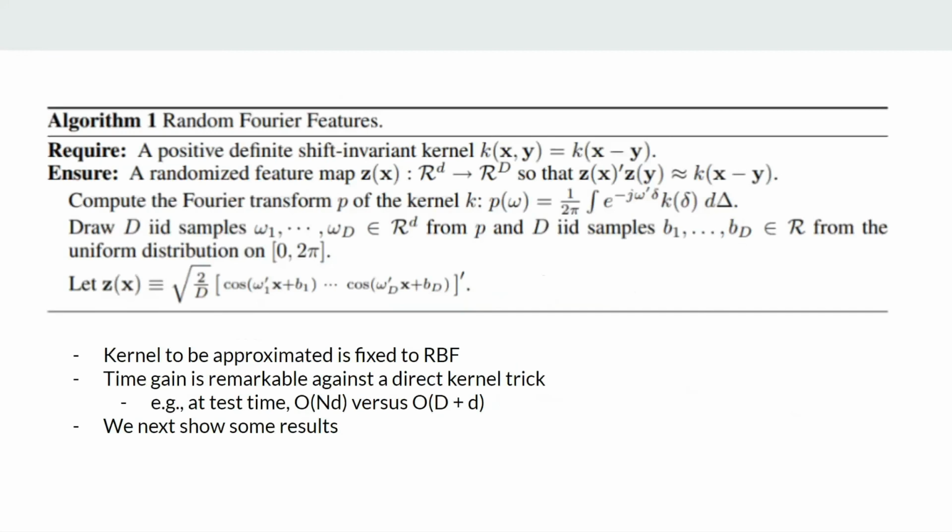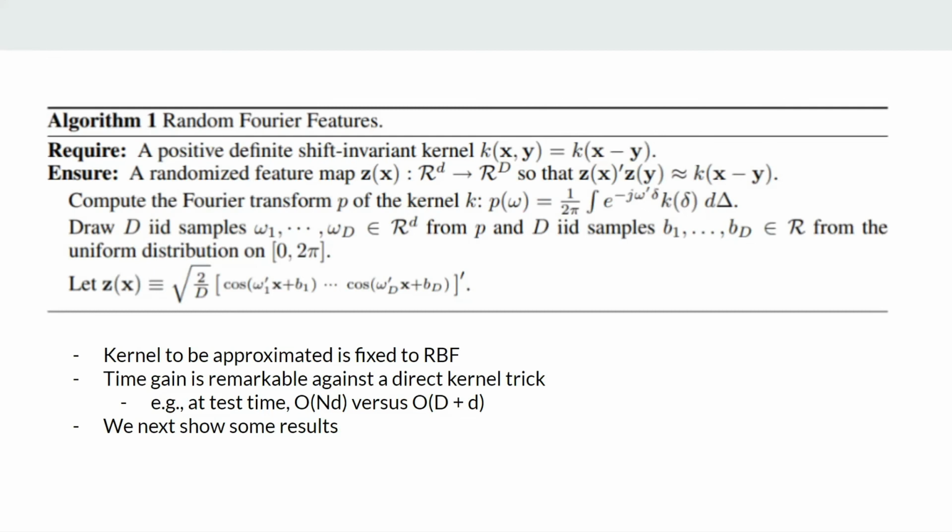So the random Fourier features algorithm is actually not so complicated after you do these samplings, after you decide what kernel to approximate and what hyperparameters to tune, the gamma, the new dimension, etc. You can easily compute the new projected image.